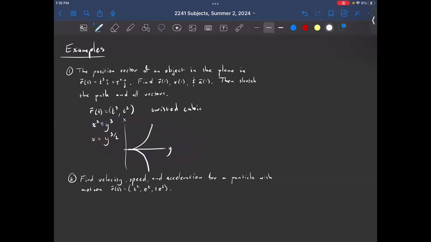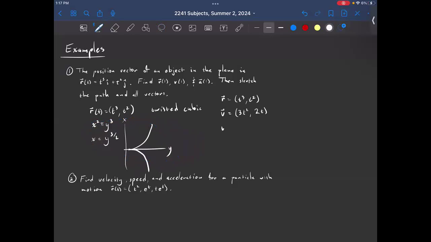And we can go ahead and just compute some derivatives. So given r as t cubed, t squared, we can get v, and the derivative is going to be 3t squared. Remember, we do this component-wise, comma 2t. And I know I'll need my acceleration vector.